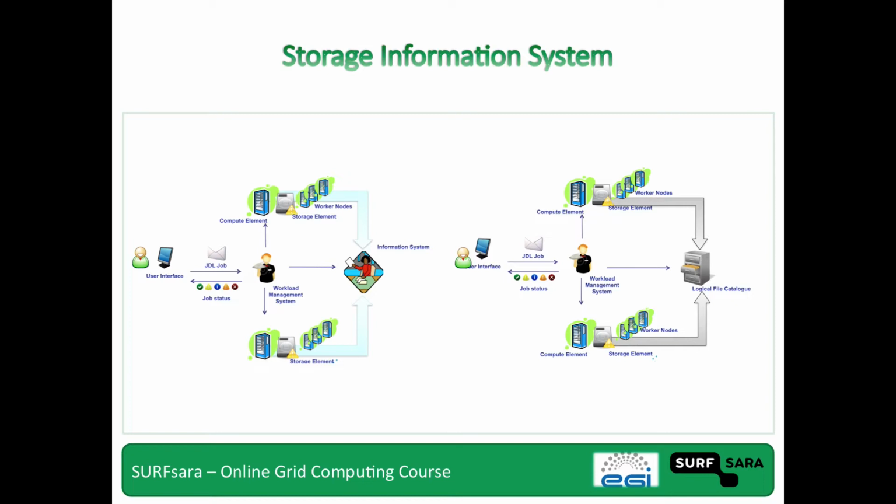And of course you could also just do that using the SRM protocol, but then there's no overall governing entity which lists all the replicas automatically for you. So the decoupling between the backend storage and the LFC is not very tight. It is possible to rename a file in the backend storage system without the LFC knowing about it, and this results in the disappearance of a file in the LFC.